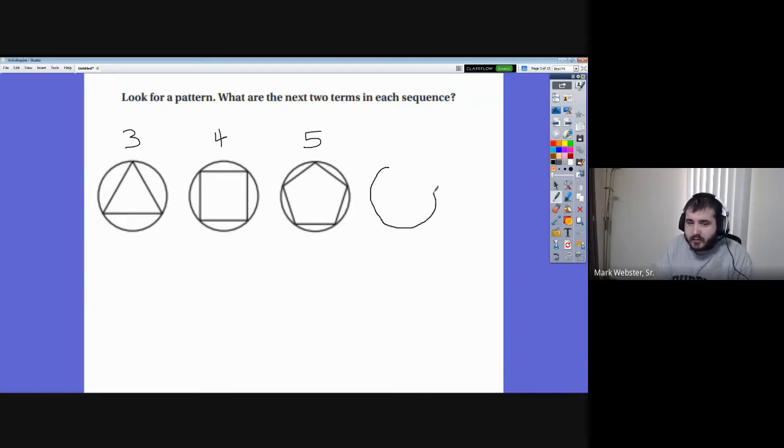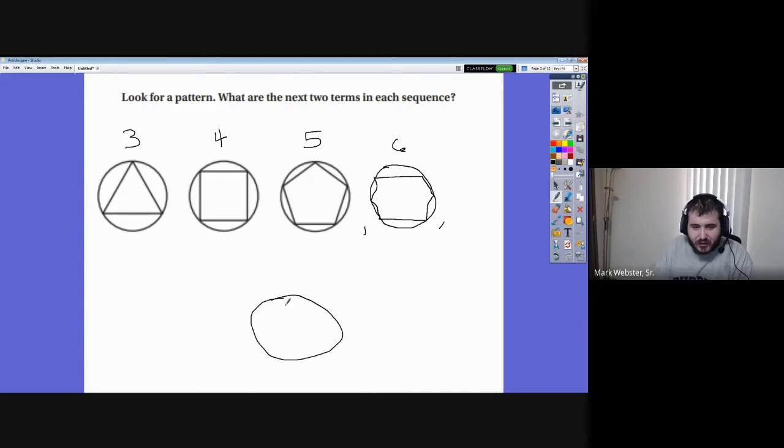You're going to have to excuse my heinous drawing skills here. It's going to be a hexagon. And again, don't mind my terrible drawing skills. And then the next one will be a heptagon. 7 sides.